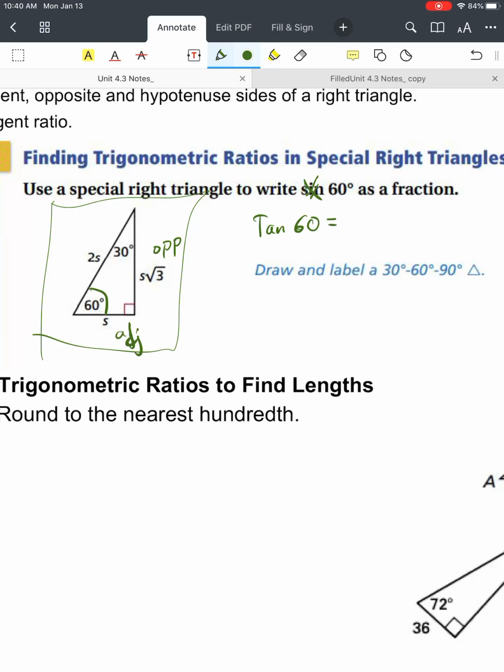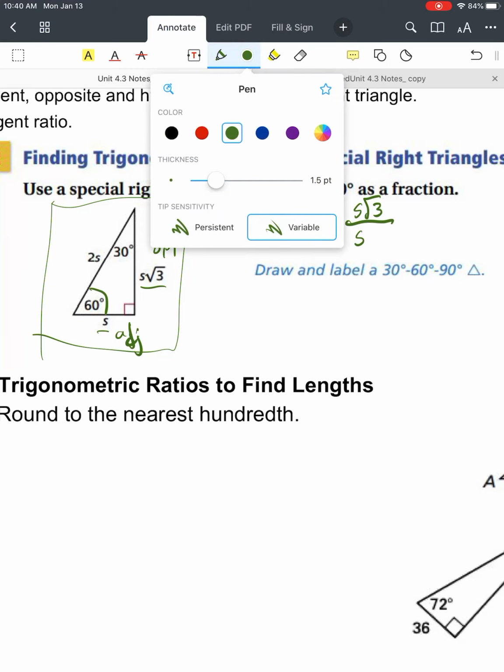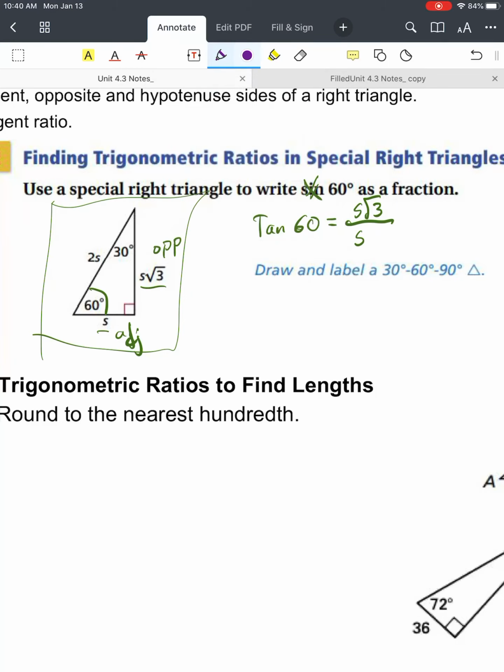So if I make my ratio, even though these expressions don't have a number, there's an s, so we have s times the square root of 3 over s. This essentially is just our formula for the special right triangle. What we're going to find is that this special right triangle stuff works out with this tangent stuff.